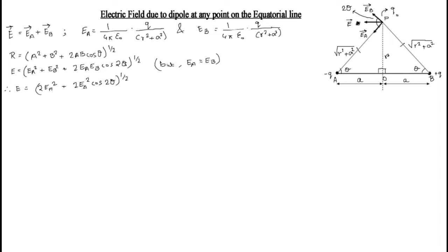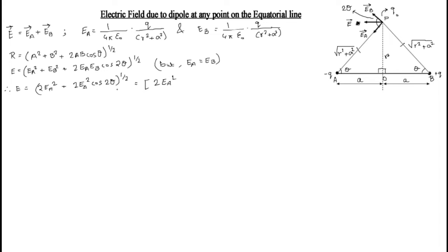Right. So we will take 2EA square common. Often when we look at some of the derivations in the book, we may get confused, but don't get confused over here.